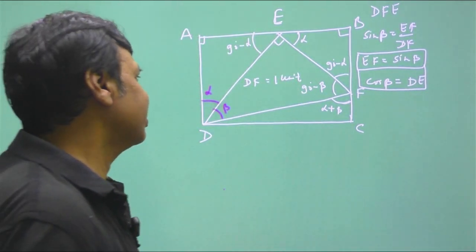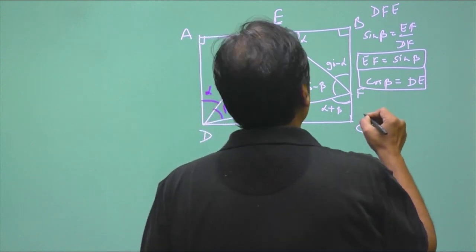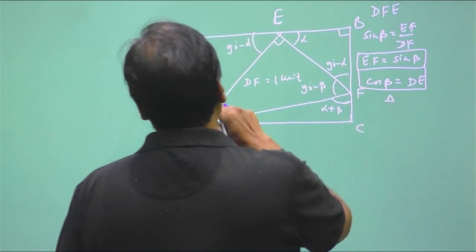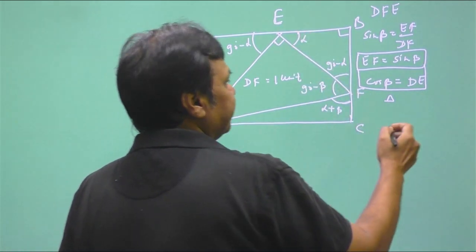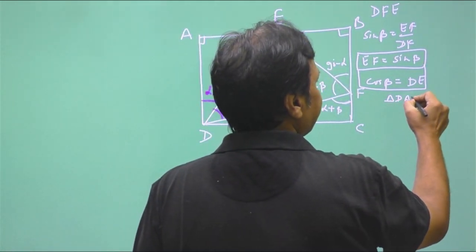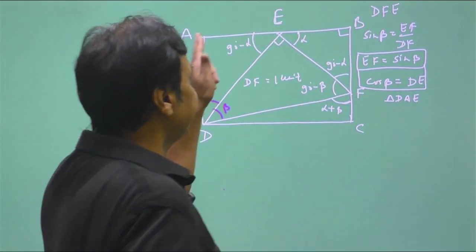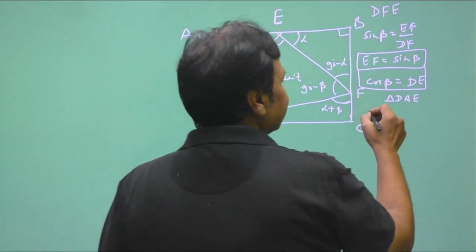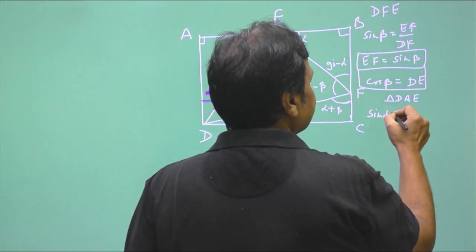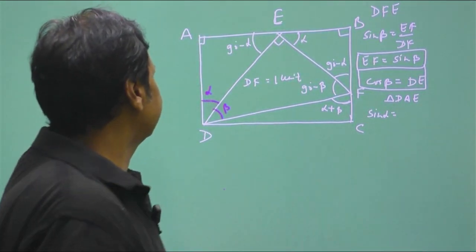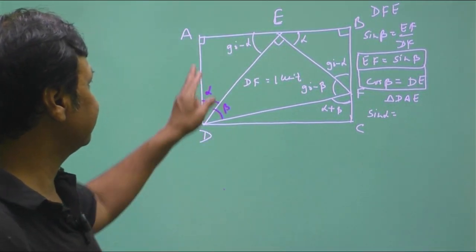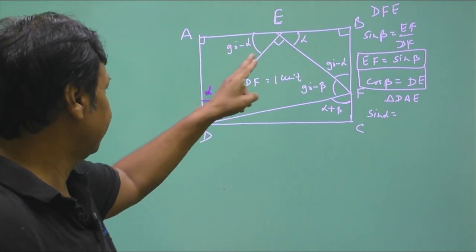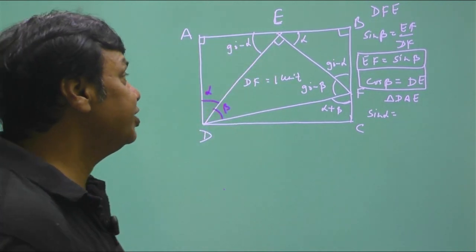Find sine alpha. Using triangle, this time triangle DAE. Triangle DAE. Find sine alpha and cos alpha. Sine alpha is perpendicular EA upon hypotenuse, that is DE.